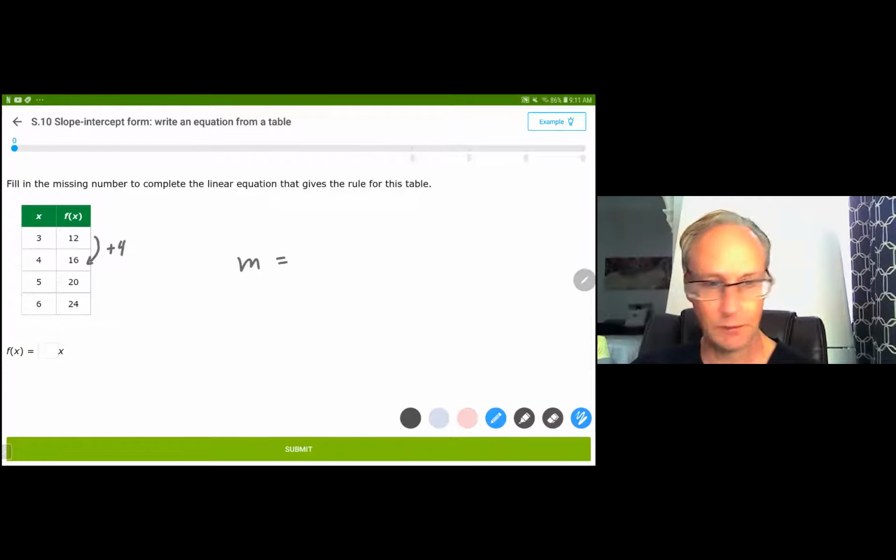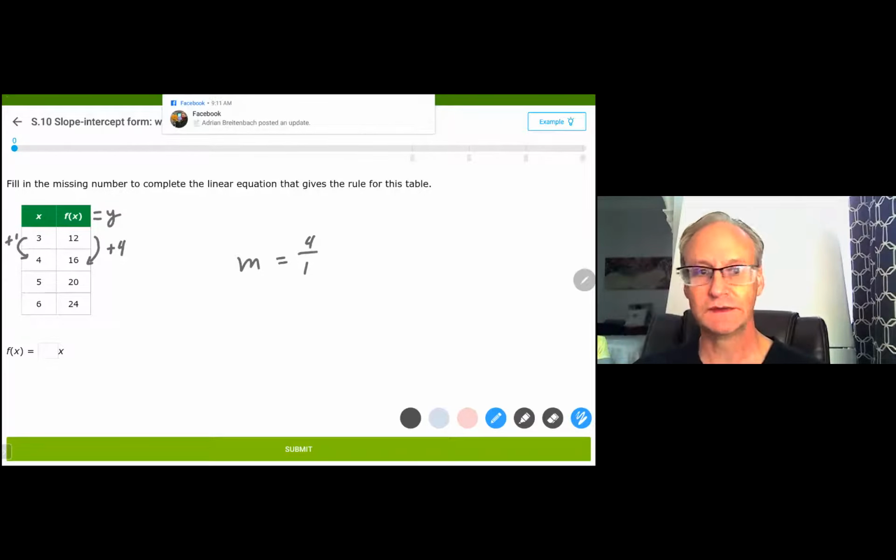That was, by the way, f of x, which is y. It's the same thing. They're writing it in function notation instead of as a variable. The change in x is 1. It went up 1. So the slope is up 4 over 1. And we've gotten it almost done already.